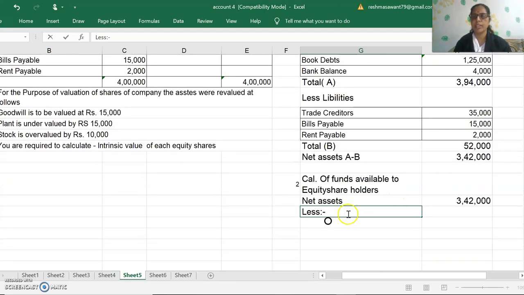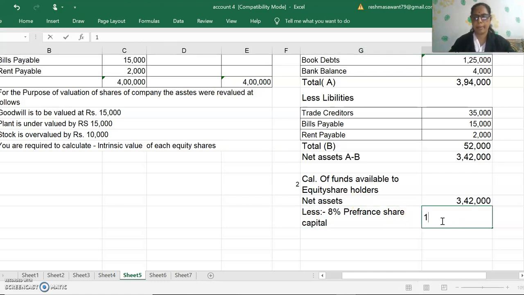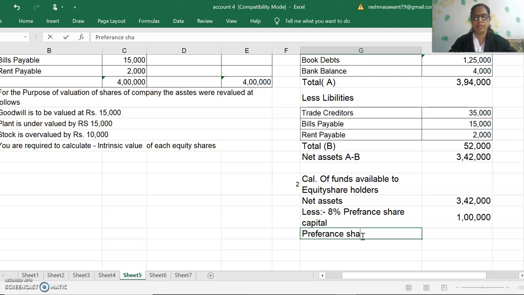So both are reduced from this heading. 8% preference share capital rupees 1 lakh and preference dividend rupees 8,000.